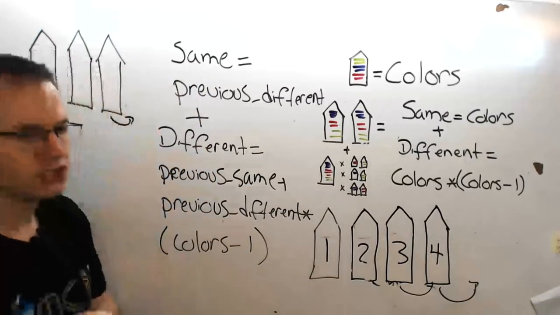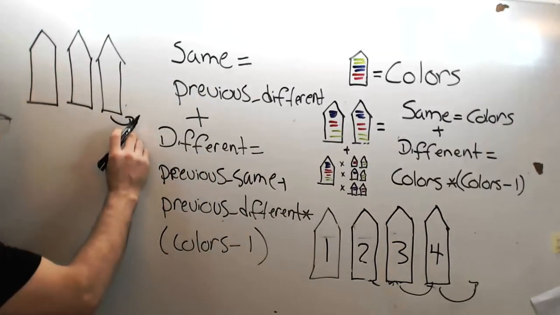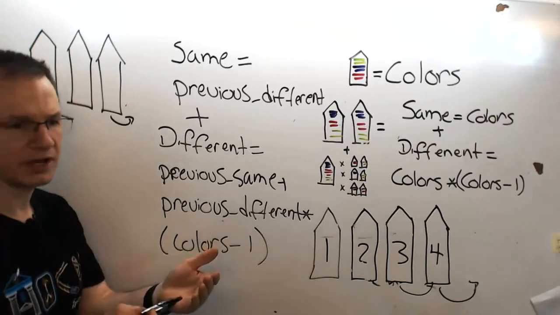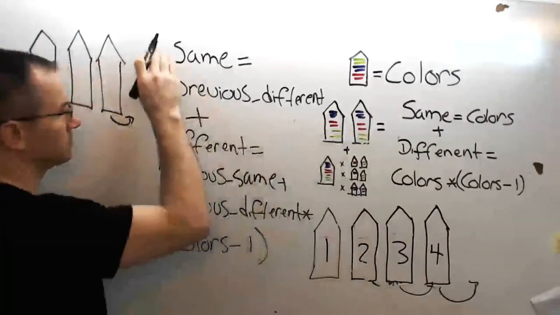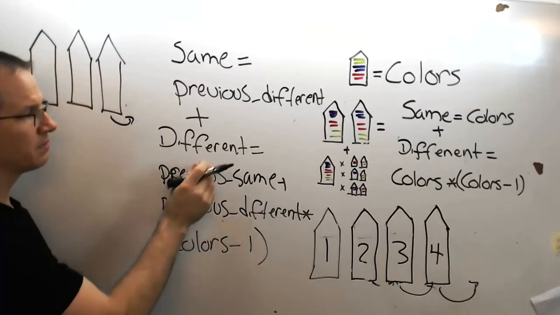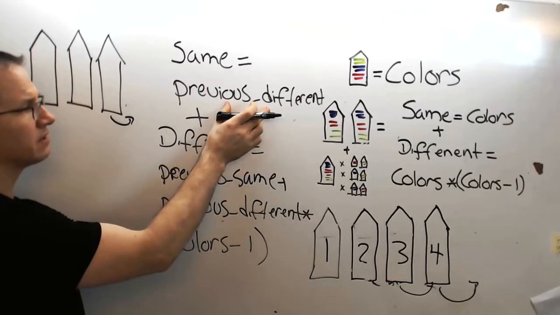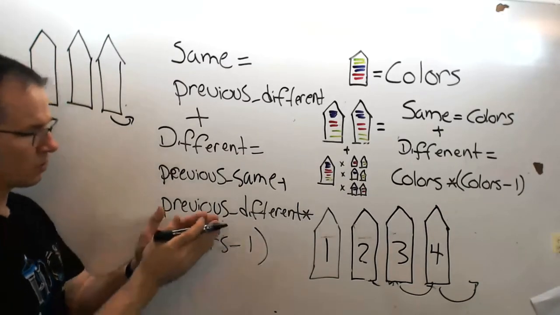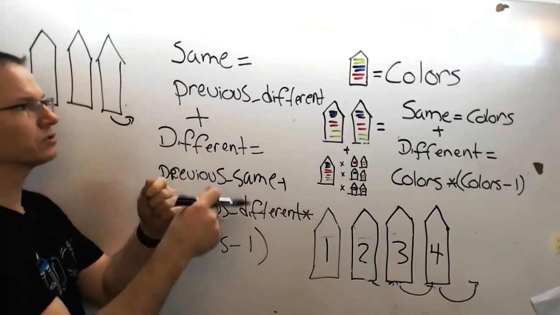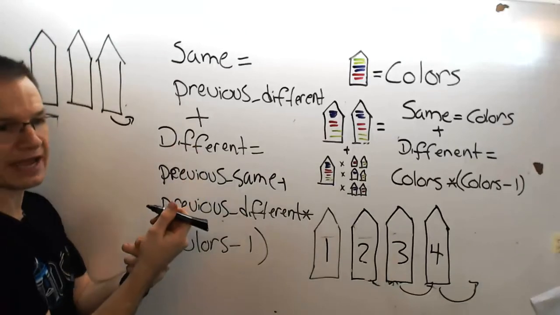And then when we shift to 3, 4, and beyond, that calculation, very similar to this, is still same plus different, but to calculate the same, it's the previous difference, right? So when we have to be able to do 2 pickets, our previous one has to be different.